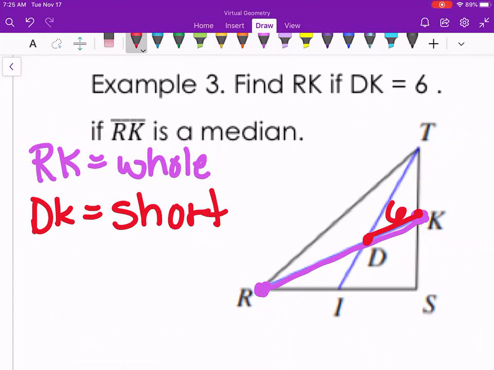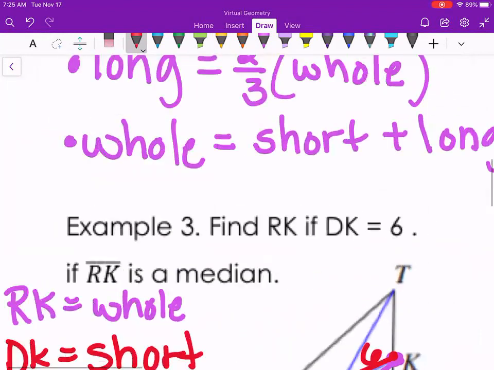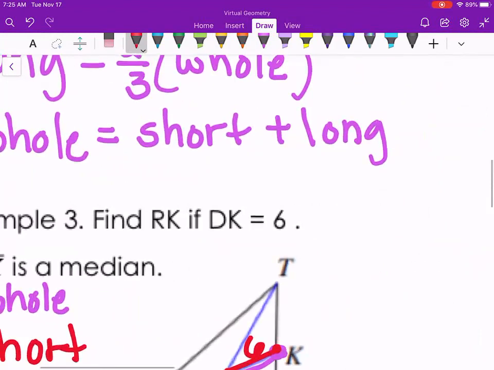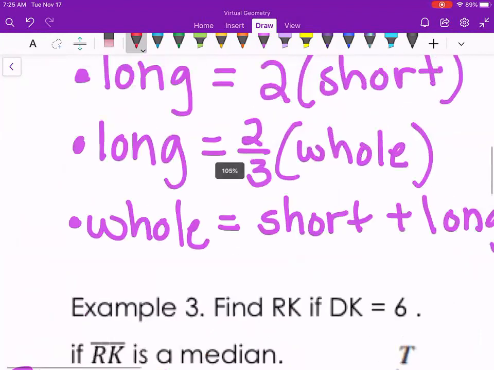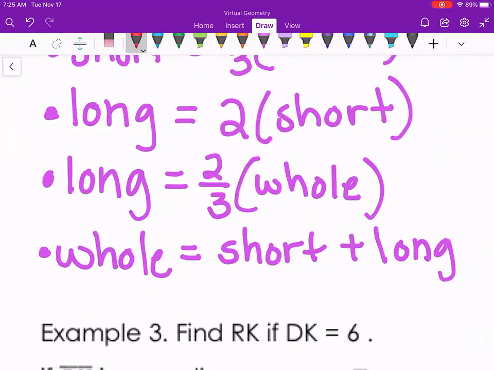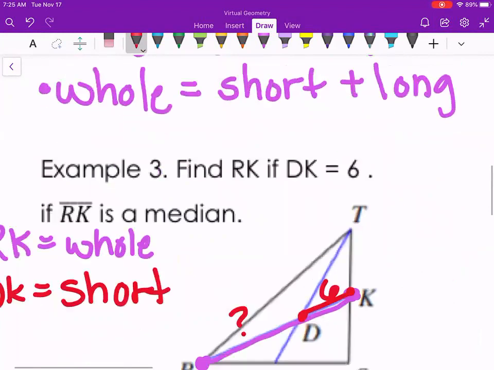All right, so if I need the whole, then I need to figure out the short piece plus the long piece. And the long is what I don't know yet. I need to figure out what is going on from RD, the long piece. Well, so if I need the long, then it is 2 times the shorter piece.